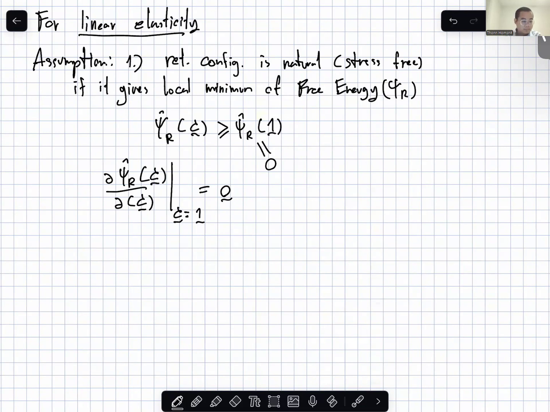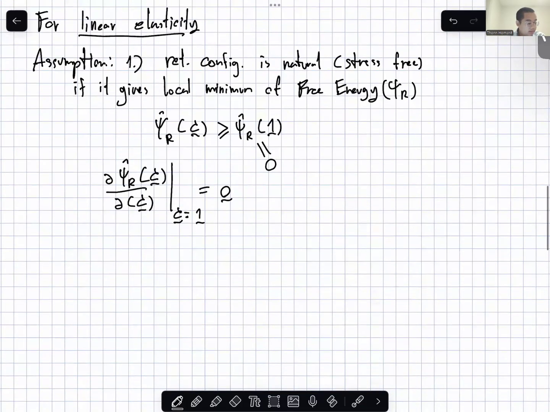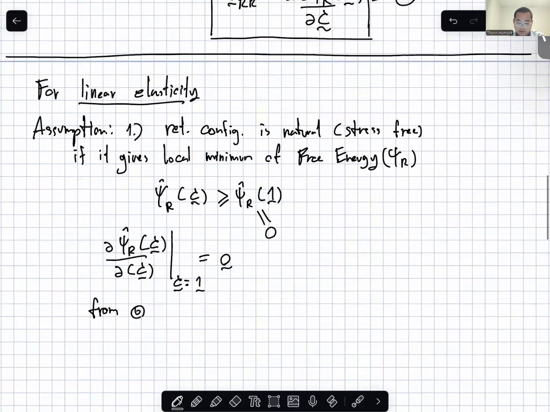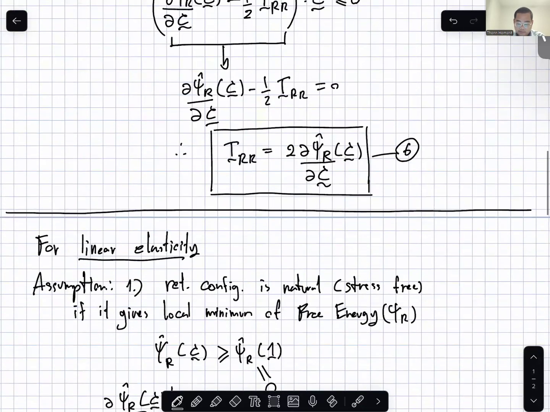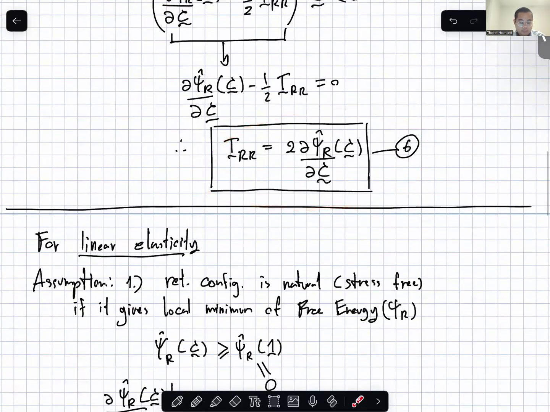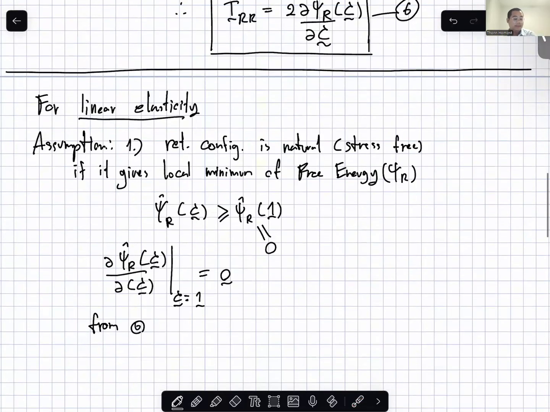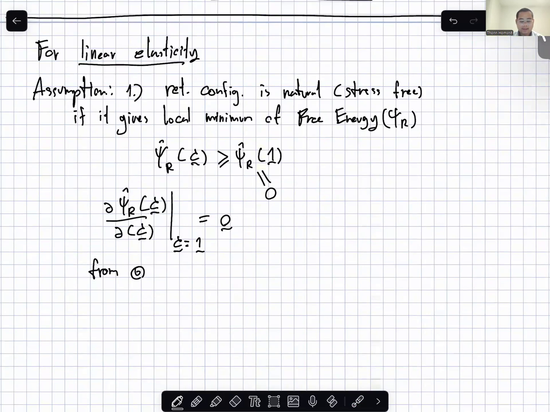Now we have these two pieces of information. From equation number 6, we have to scroll back a little bit. This one, we can evaluate the TRR when C is equal to identity, so C is equal to 1, basically.